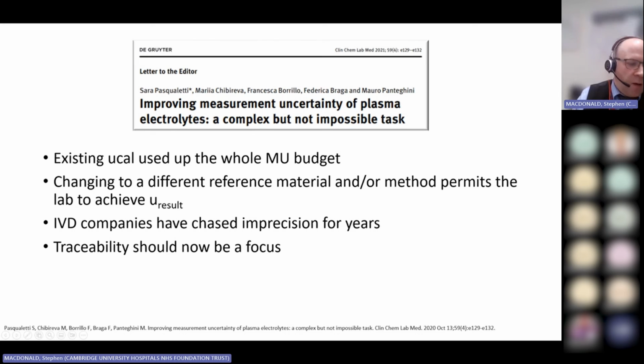And again, I would recommend this paper by Pascaletti that shows really nicely how the thought processes work if your uncertainty isn't achieving the standards, and how you can go about working with your IVD manufacturers to try and ultimately improve the methodologies that are available to us.